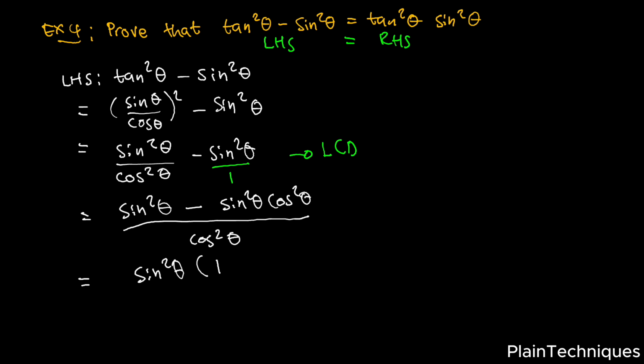So I'll have 1 here because I removed sine squared theta this side, and I'll have minus there, and if I remove sine squared theta here, I'll be left with cos squared theta. So this is how you simplify that part. Okay, so this is factorized. Then you have cos squared theta.